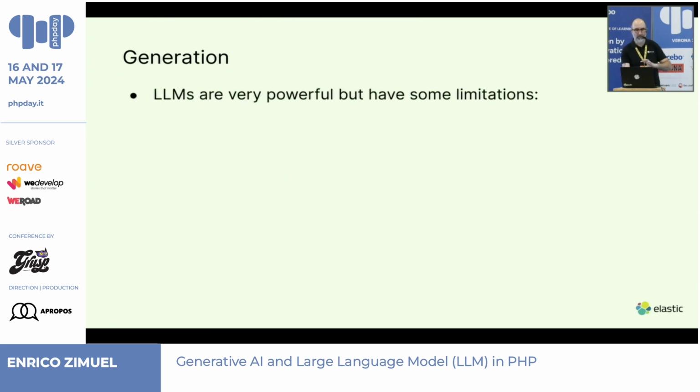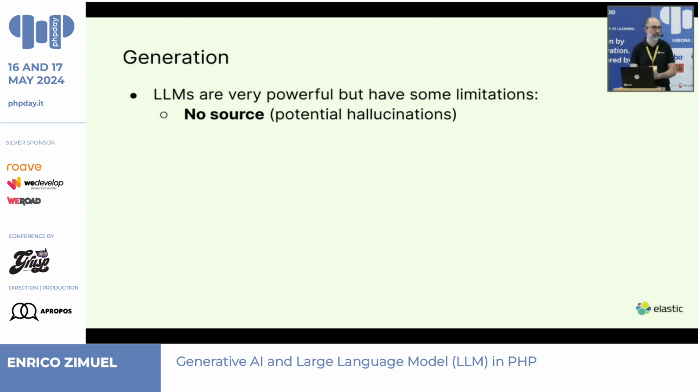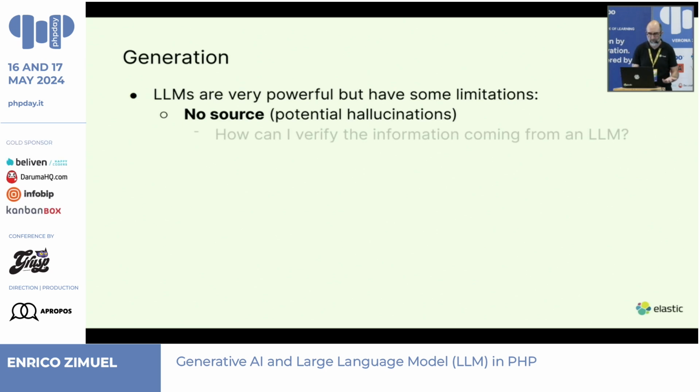The generation is driven by an LLM, of course, but as we know, LLMs have limitations. There is no source. GPT-4 or Llama 3, whatever, gives you an answer, but you don't know where the answer came from. You don't know the document that was used to generate the answer, right? This is a giant model that digests a lot of data, and sometimes you have hallucination, as I mentioned.